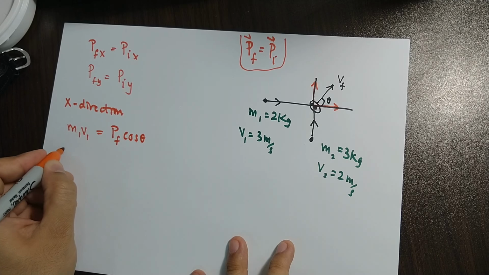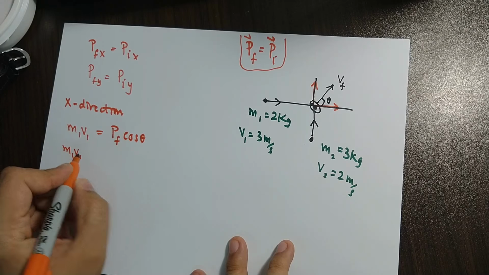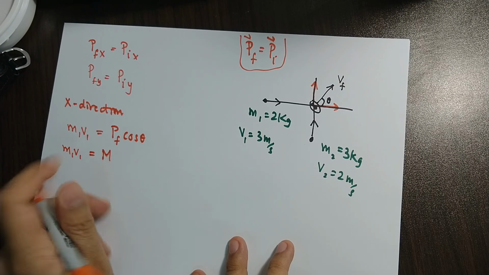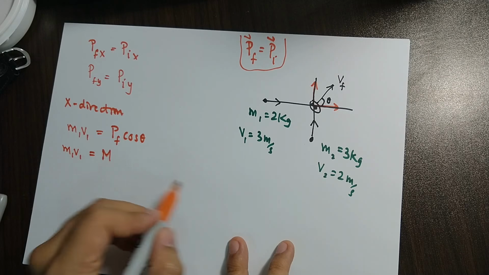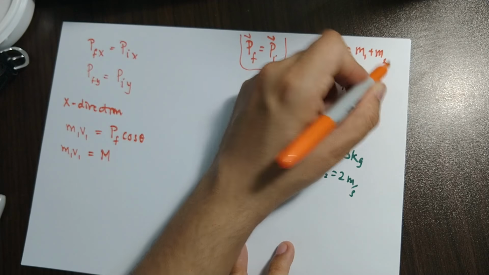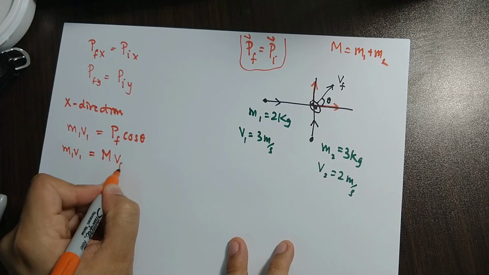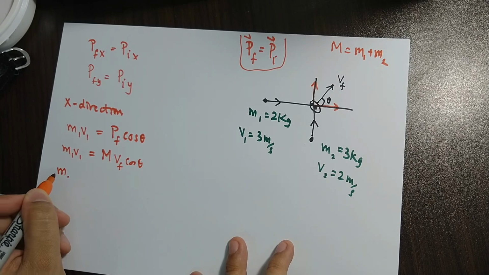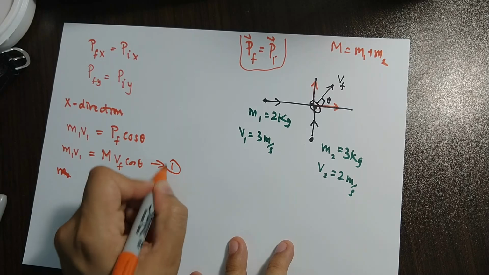Now this is equal to m1 v1 equals capital M, where this mass is the total mass, the sum of the masses of the two particles in the blob. So that's going to be M vf cosine theta, and let's call this equation 1.